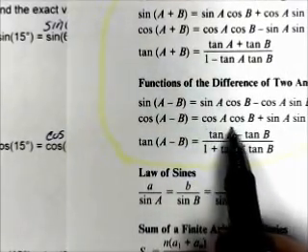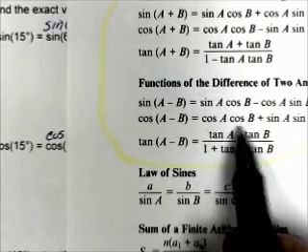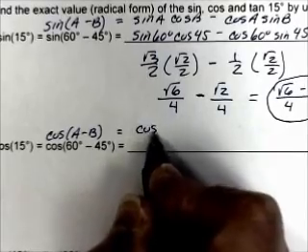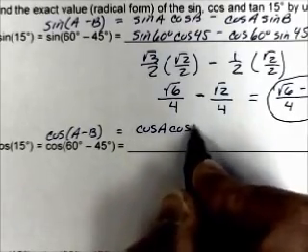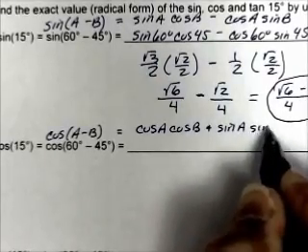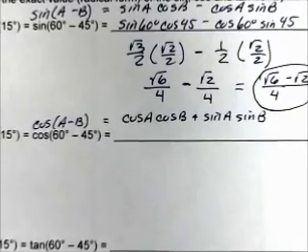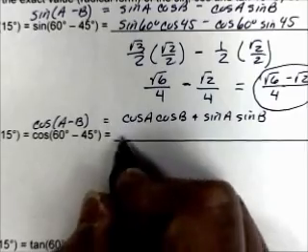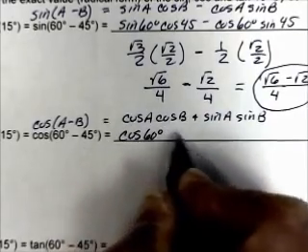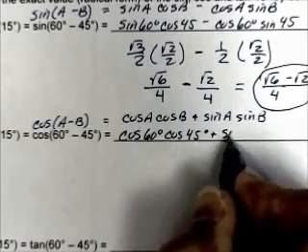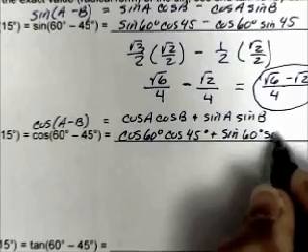Cosine of A minus B is cosine A times cosine B plus sine A times sine B. Now we substitute 60 degrees in for A and 45 in for B. So this is going to be the cosine of 60 times the cosine of 45 plus the sine of 60 times the sine of 45.